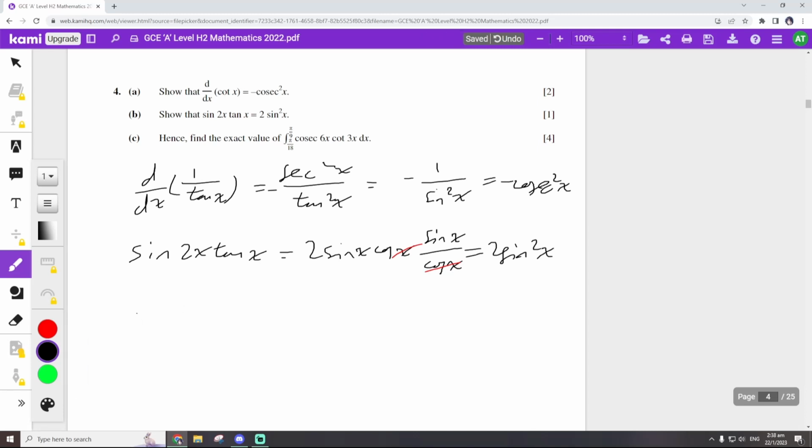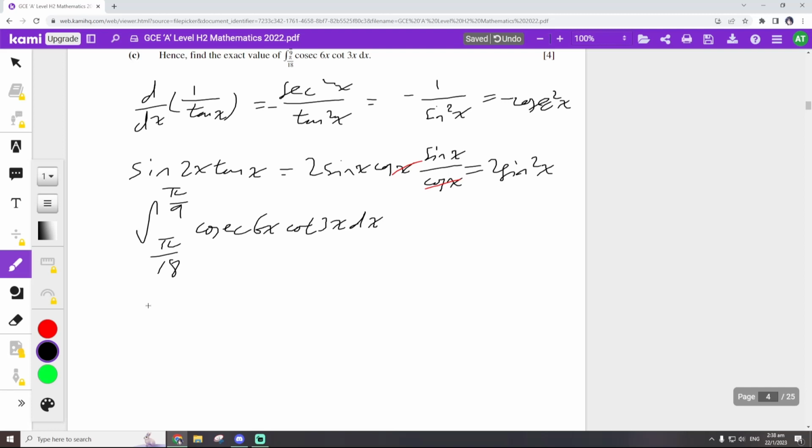Okay, so I'm going to integrate from pi over 18 to pi over 9 cosecant 6x cotangent 3x dx. How does it seem related? Well, there's actually a bit of a sneaky thing. Cosecant is the reciprocal of sine, cotangent is the reciprocal of tangent.